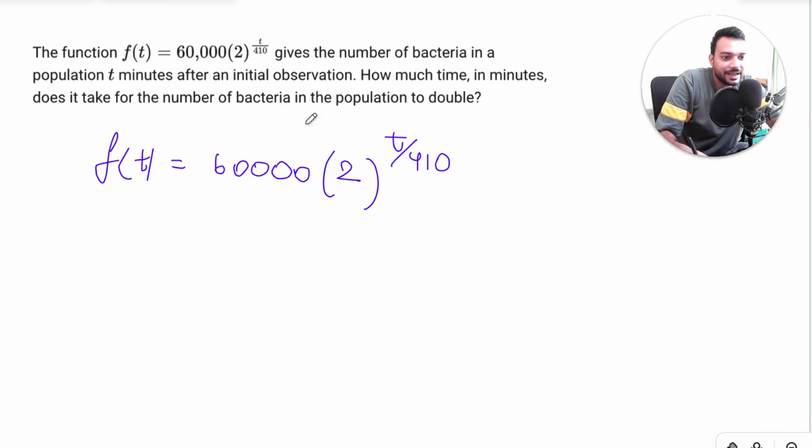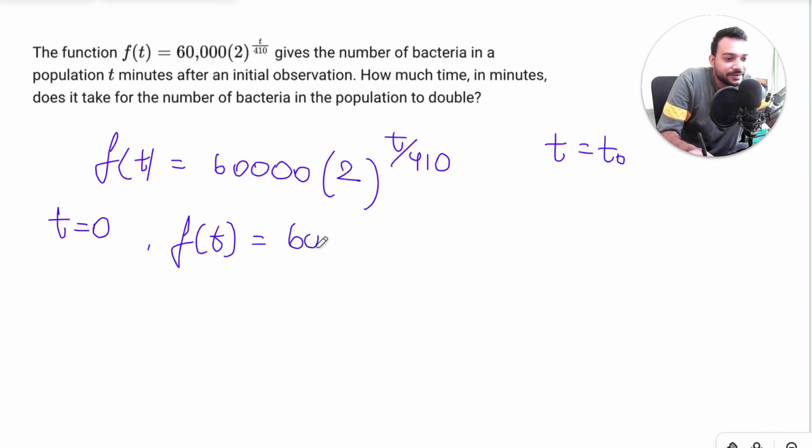So let's say at t is equal to 0, what's the population? Let's take that. T is equal to 0, f of t would be 2 raised by 0, which is 1, 60,000. So initially it is 60,000. That's what we know. Now to double this, that is, it becomes 120,000.